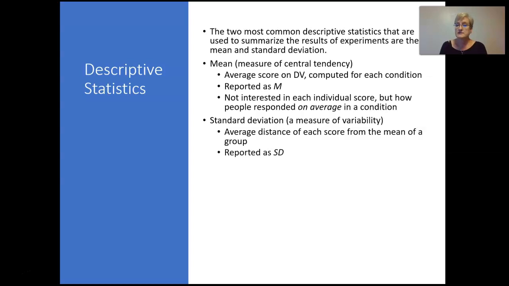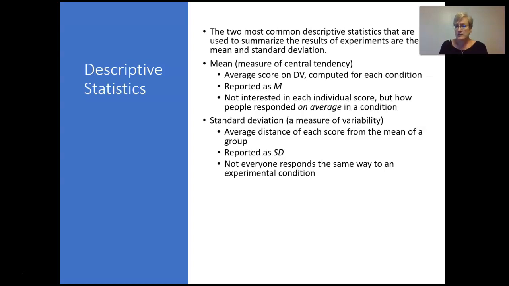Standard deviation is now reported as a capital letter S, capital letter D, and it is italicized when we write. It's an acknowledgement that not everyone is going to respond the same way, but what we're trying to get a sense of is just how spread out are the scores.